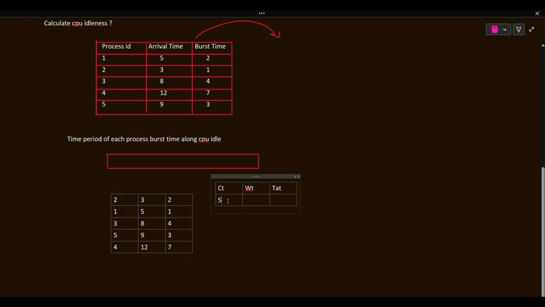Here, the sum of 3 plus 2 is 5. Waiting time of the first process will be 0 and the turnaround time will also be 0. Second one, the completion time of the second process will be the sum of the burst time of that process, which is 1, plus the completion time of the above process, which is 5, giving 6.